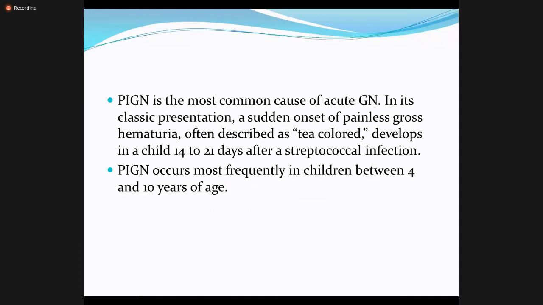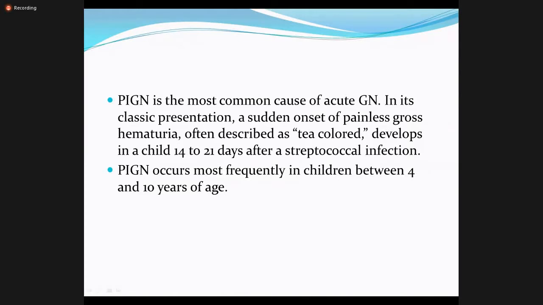One of the most common causes of acute glomerulonephritis in children is post-infection glomerulonephritis, or post-streptococcal glomerulonephritis. In its classical presentation, the child is usually between 4 and 6 years, up to 10 years, with sudden onset.